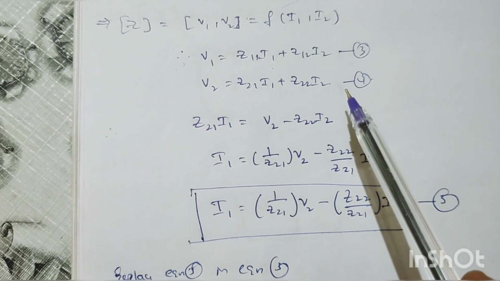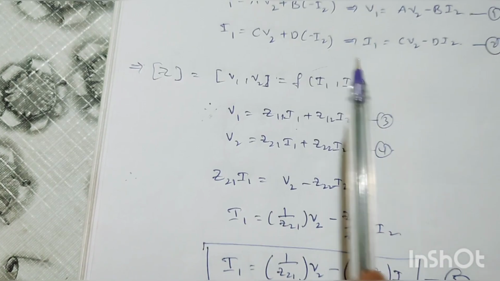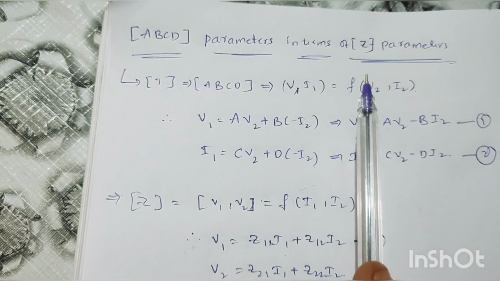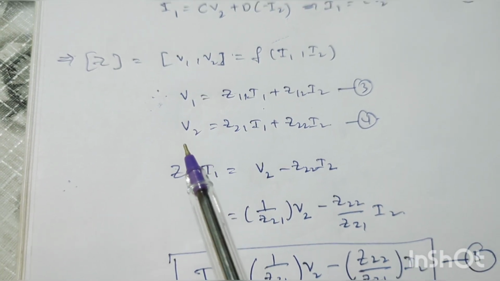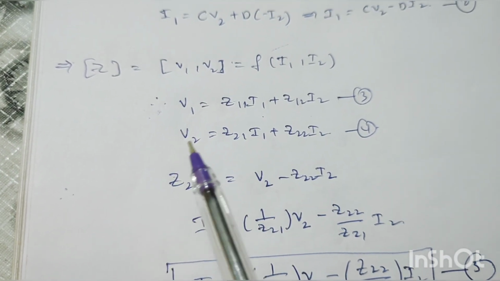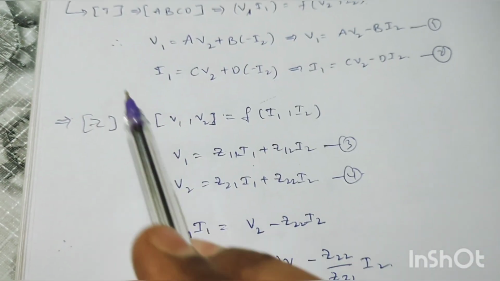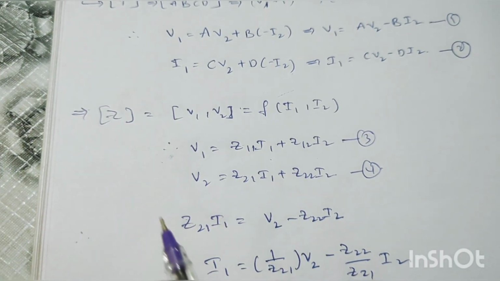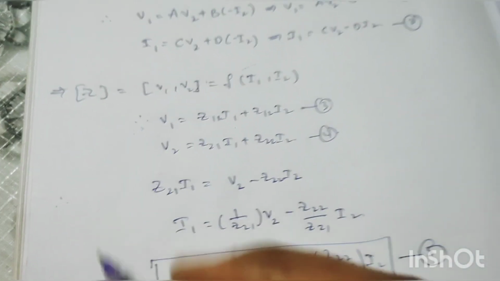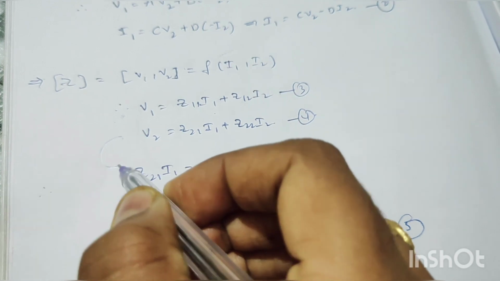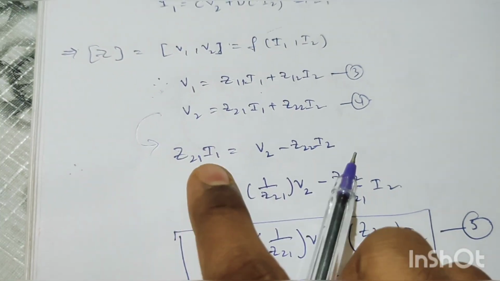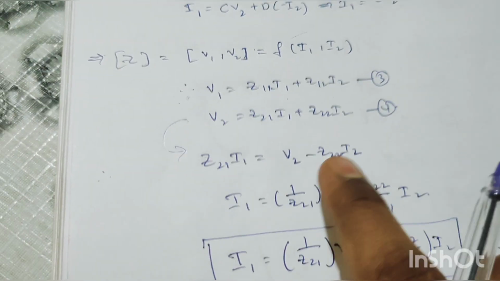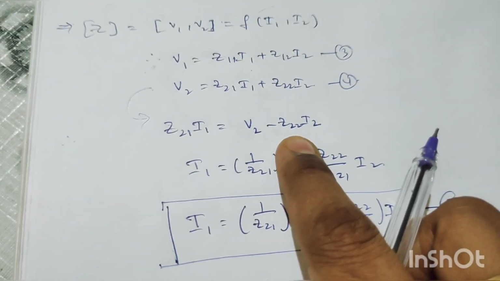Here we want to change the Z parameters, considering these V1 and V2 equations of Z parameters. From these equations, we want the V1 and I1 equations now. So from the V2 equation, or equation number 4, I am simply taking Z21 of I1 is equal to V2 minus Z22 I2.